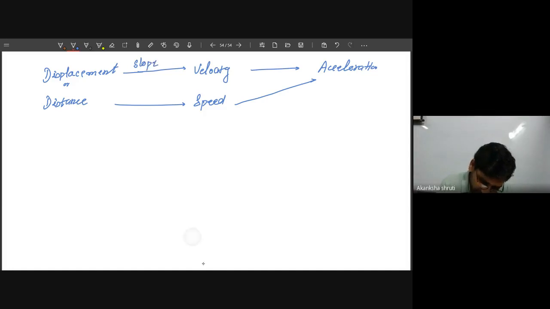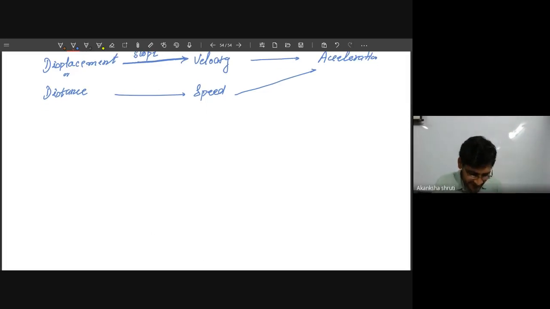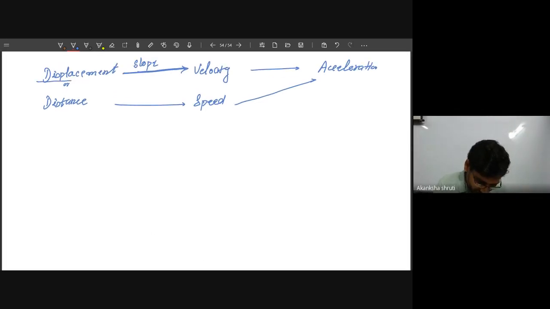Means if you are moving in this direction, you have to take the slope of this displacement time graph. Means all this variation is always with respect to time. So if you are taking the displacement time graph slope, you will get this velocity.